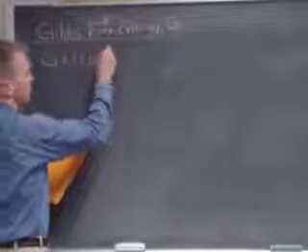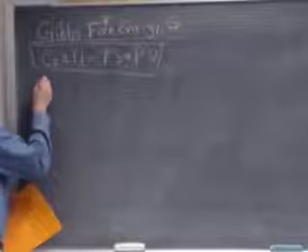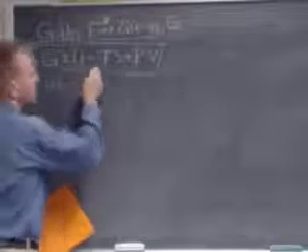Okay, so we want to see what relations we can get coming up with a thermodynamic identity for the Gibbs free energy. So, Gibbs free energy is, by definition, U minus TS plus PV. Take the differential of both sides. dG is dU.